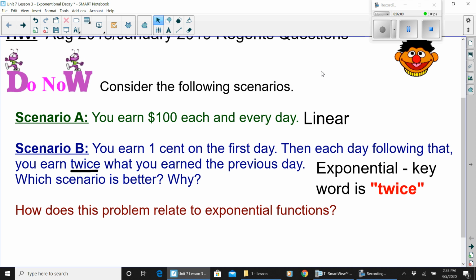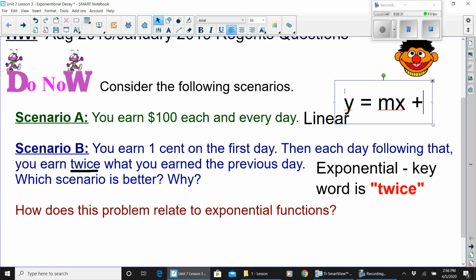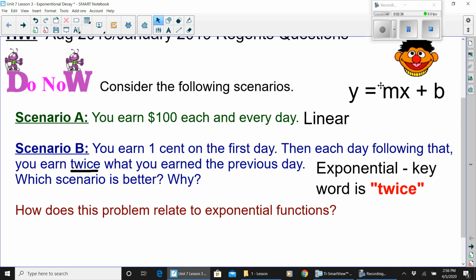So now, just going a little bit into this, can anybody tell me what that equation would be for scenario A if your initial value is 0, and you earned 100 each day? It would be y equals mx plus b, remember.